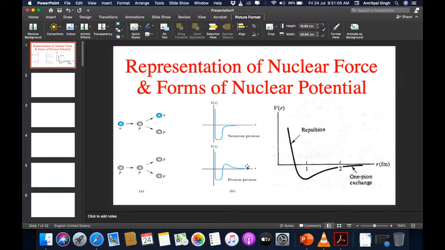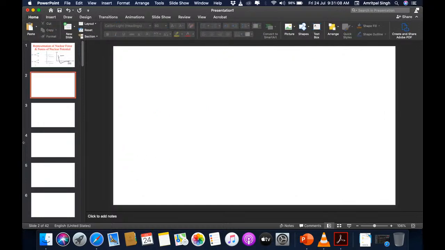So first we will discuss the types of nuclear potentials. Now we all know that the nucleus is a complex structure, and for higher atomic number nuclei there are a large number of nucleons present.